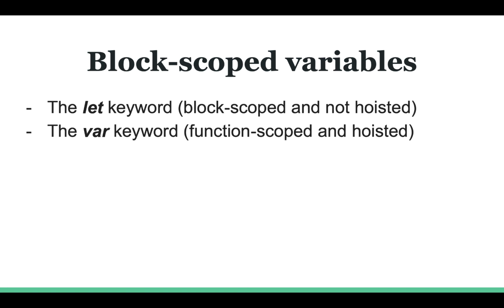Therefore, if you declare a variable with let inside that scope, for example, inside a loop, it exists only inside that block and does not exist outside of it. So let's have a look at this code.